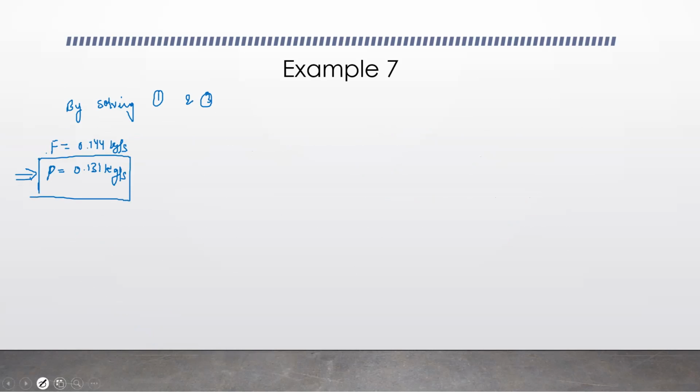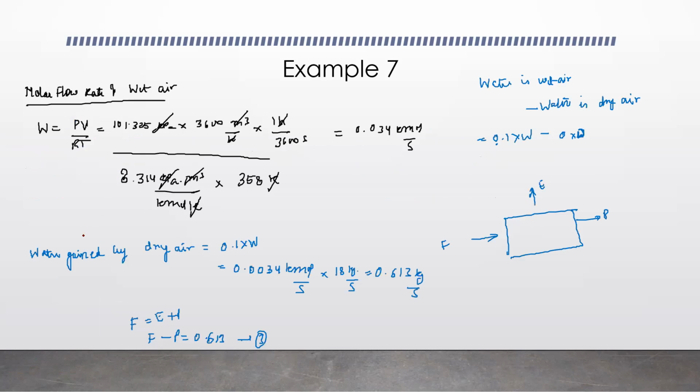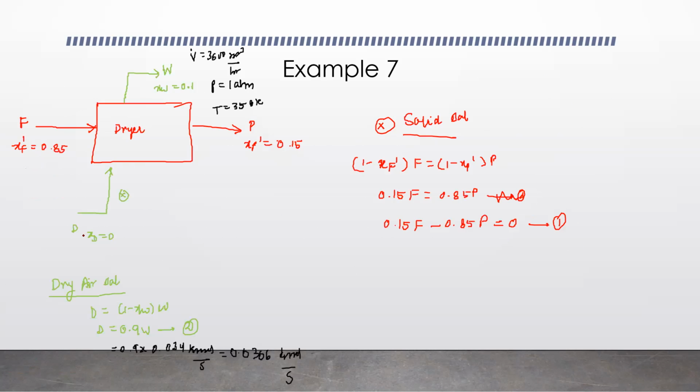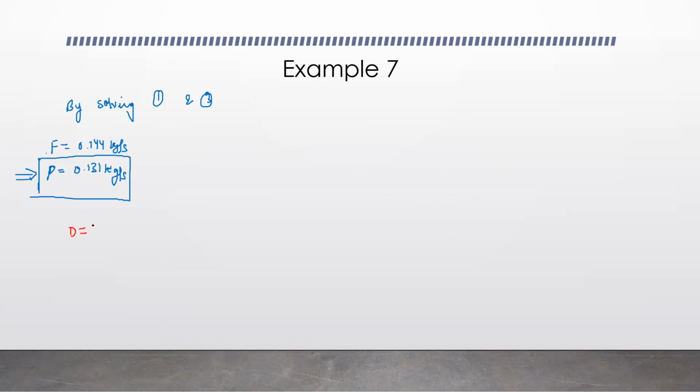Now the mass flow rate of air fed to the dryer, that is D. So D is nothing but 0.0306 kilomole per second.